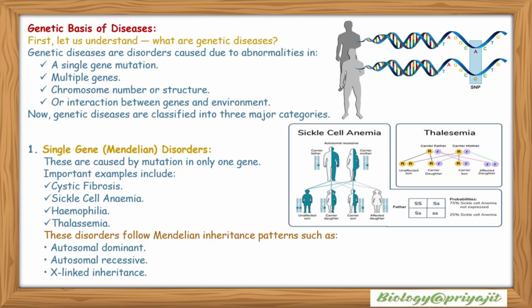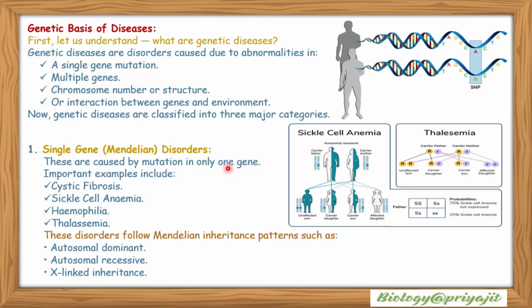First, let us understand what genetic diseases are. Genetic diseases are disorders caused by abnormalities in a single gene mutation or multiple genes, chromosome number or structure, or interaction between genes and environment. Genetic diseases are classified into three major categories: single gene or Mendelian disorders.